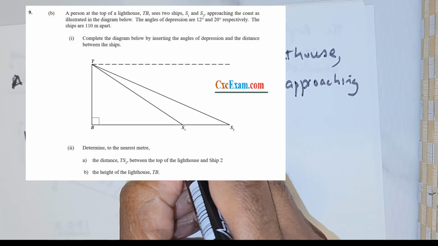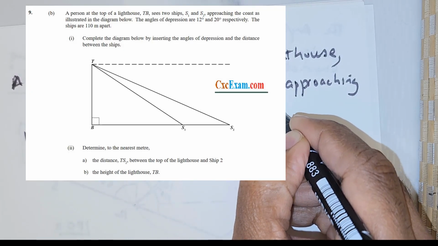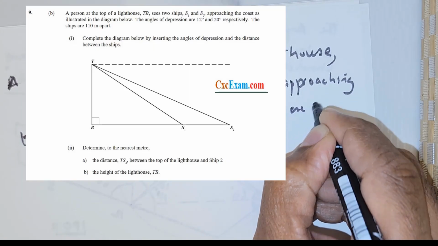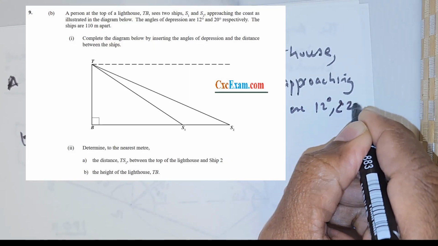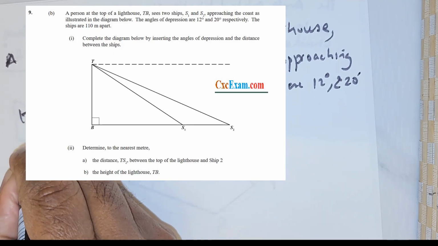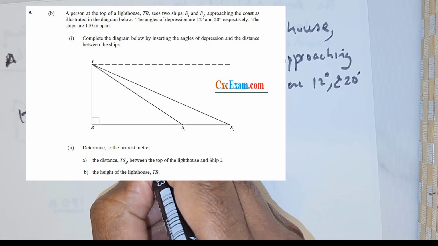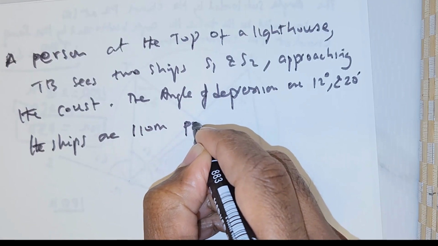Now the angles of depression are 12 degrees and 20 degrees. The ships are 110 meters apart.